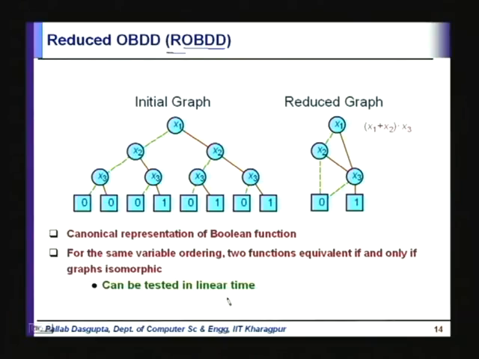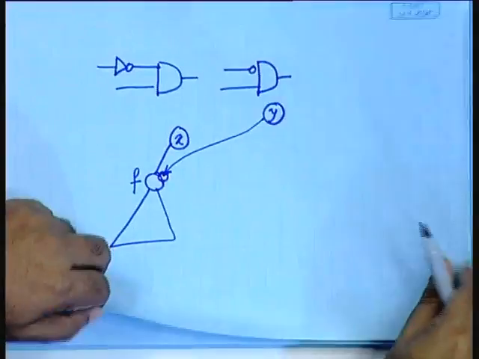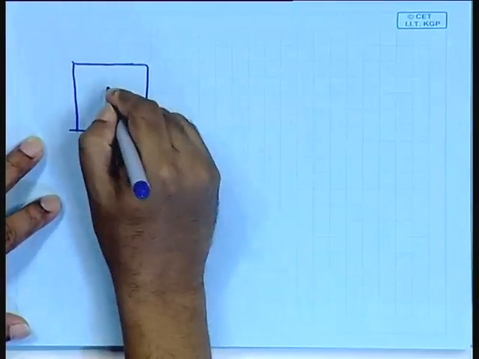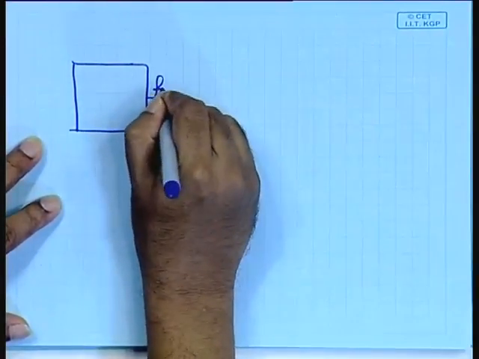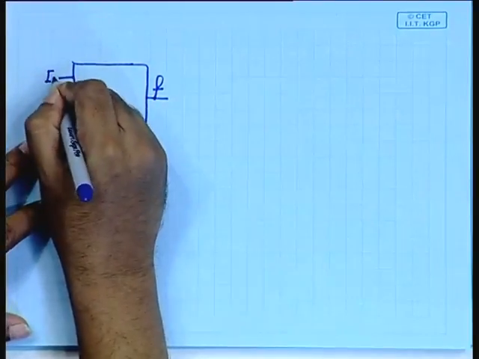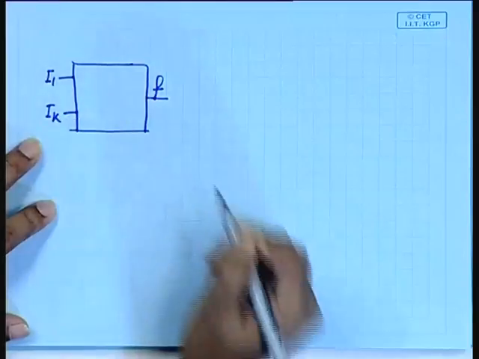How do you check for isomorphism in the BDD? If there is a function f, now let us see, I have given you two circuits, okay. One circuit is for some function f given the inputs I1 through Ik, okay.